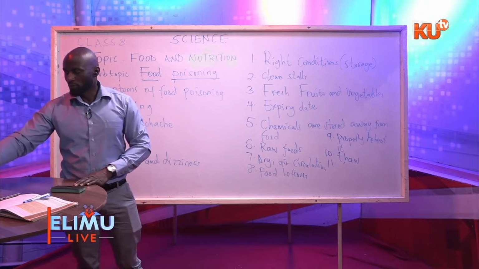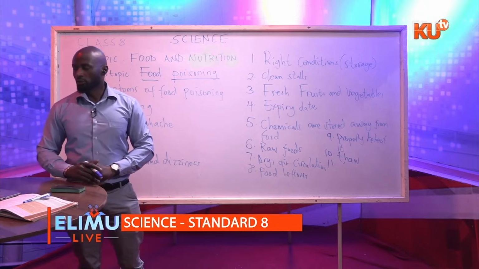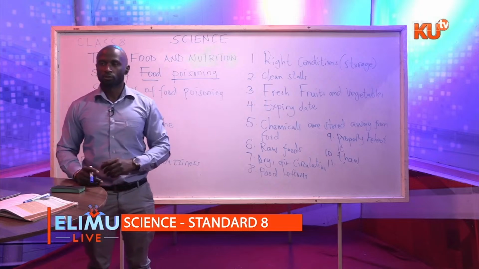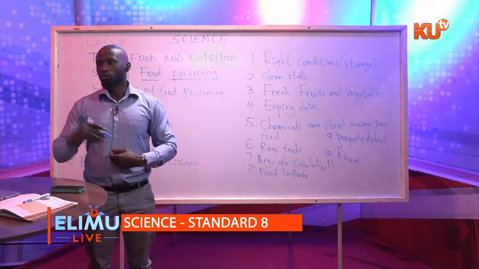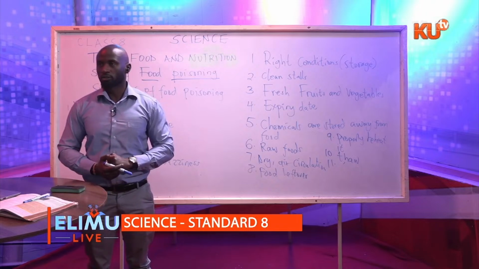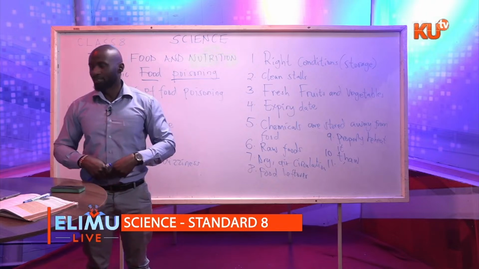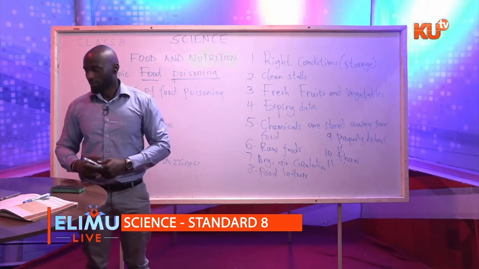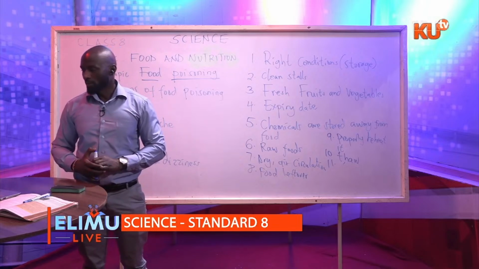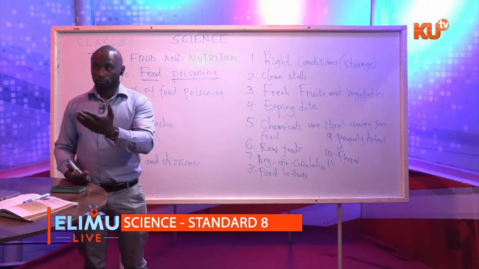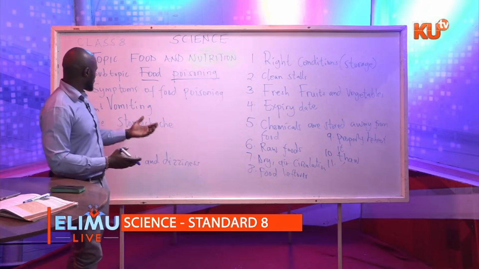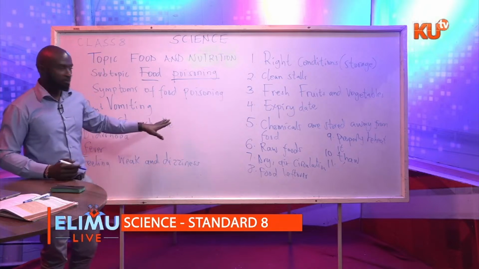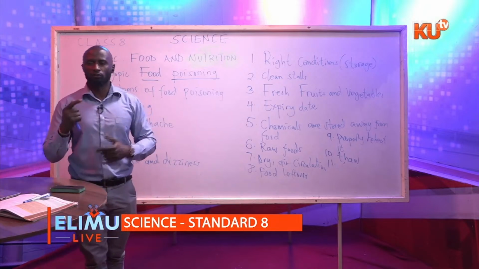From there, we talked of microorganisms also causing food poisoning, which are taken into the body through consuming contaminated food, attack the alimentary canal, multiply, and can lead to abdominal pains. And we talked of symptoms of food poisoning. We listed a few. We talked of violent vomiting, and I remember insisting on the issue of dehydration.